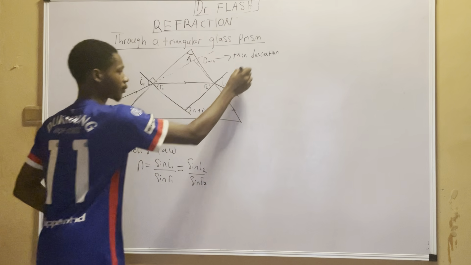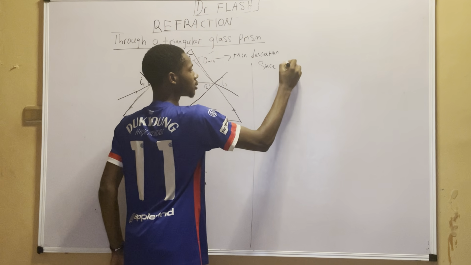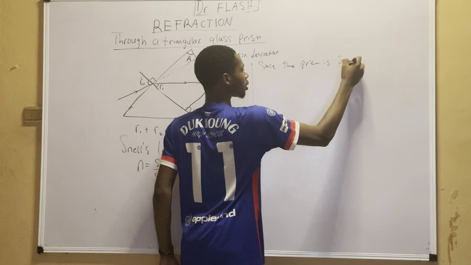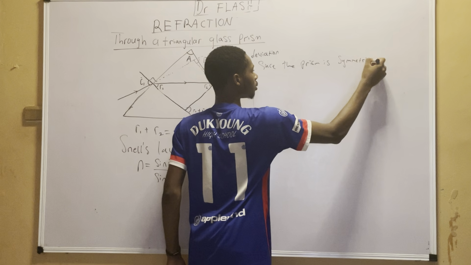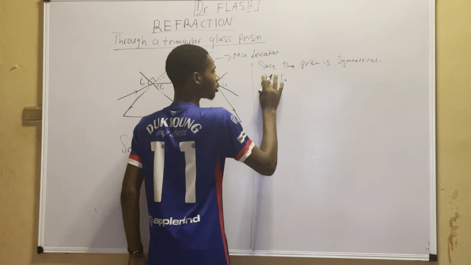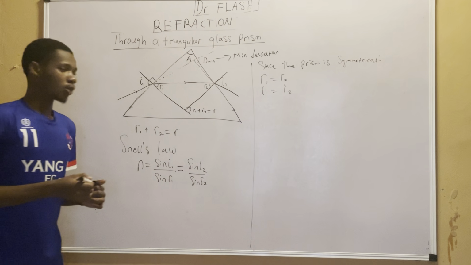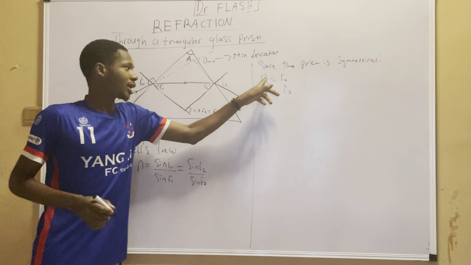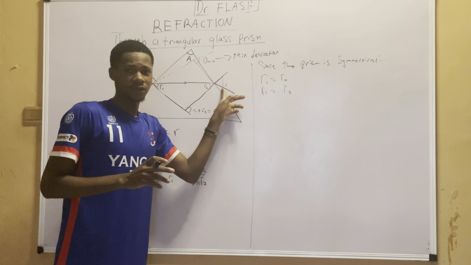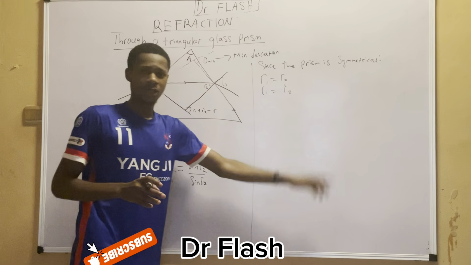So I'm going to write and say, since the prism is symmetrical, then we have R1 equal to R2, and I1 equal to I2. Therefore, the refractive angle at the first interface equals the refractive angle at the second interface, as well as the incidence angle at the first interface equals the incidence angle at the second interface.